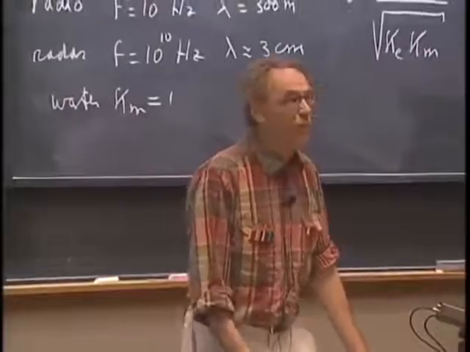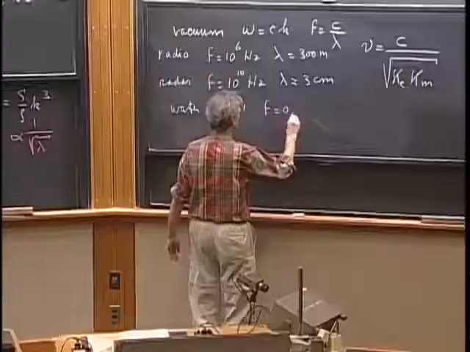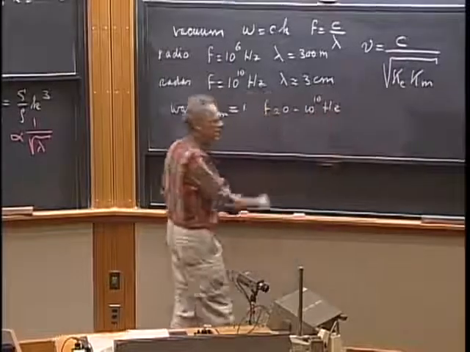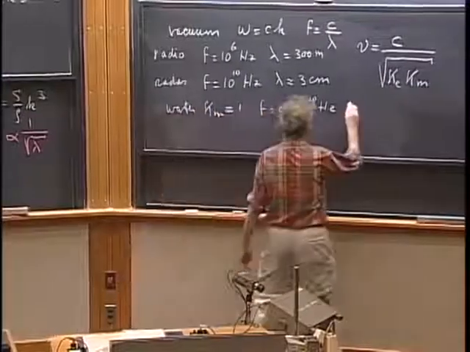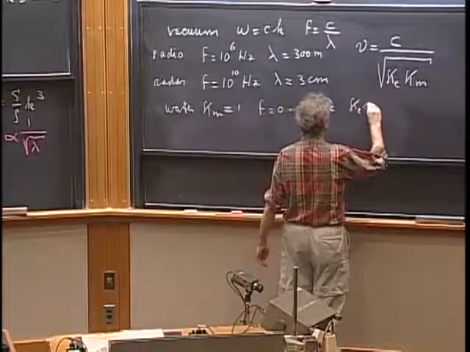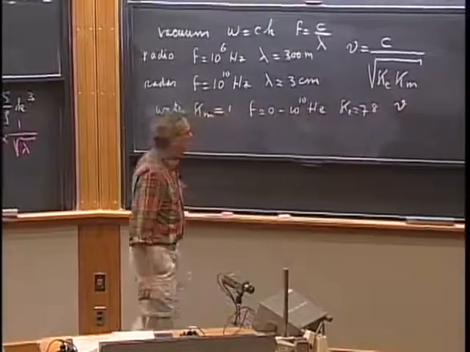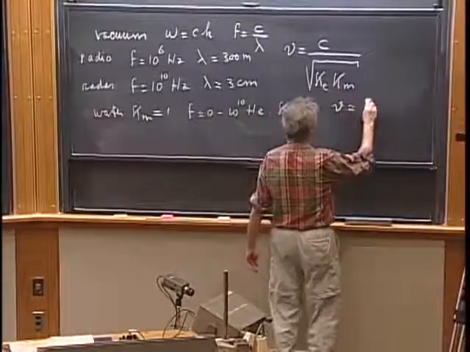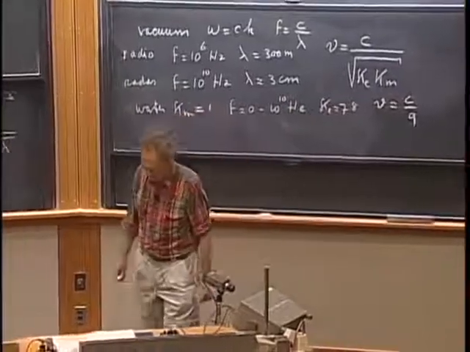It's huge for water. If you look in the frequency range, f is about 0 to 10 to the 10 hertz. So that is our 10 gigahertz, that is radar. Kappa E is about 78. So that means the speed of radar in water is 1/9 roughly of c. So it's only roughly 10%, it's 10 times slower.